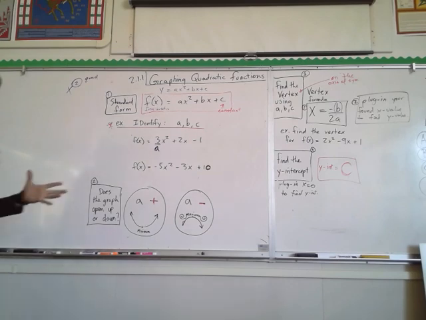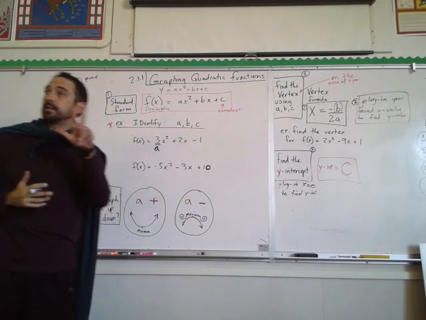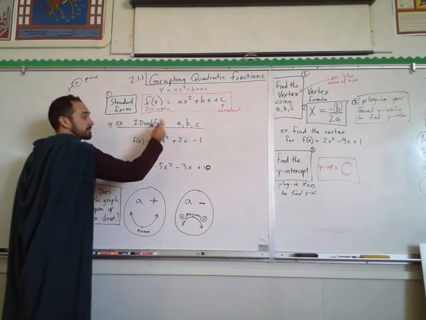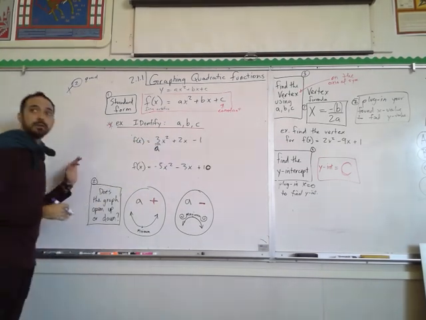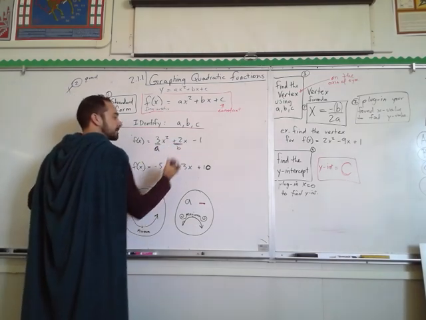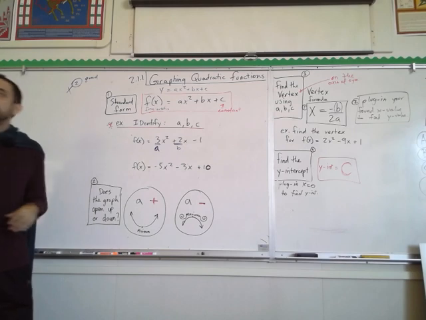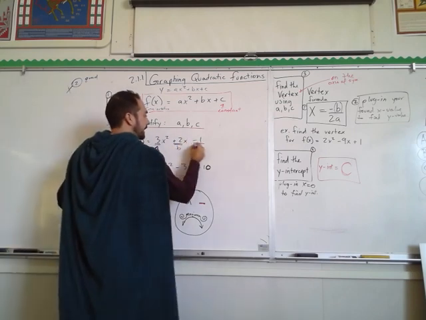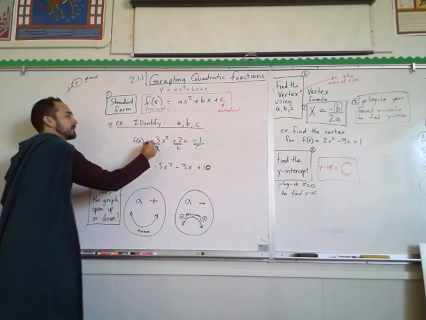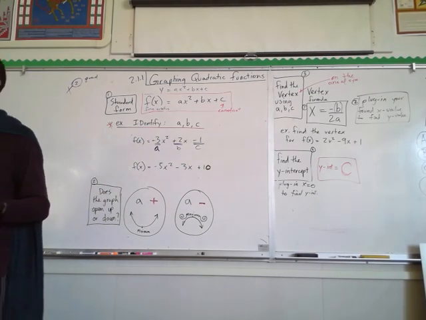Pretty easy, right? We always find A, B, and C in the exact same place every time. So what's my B value for this function? 2x. 2, great, and it's positive 2. What's my C value? Negative 1. Remember that the value also always includes if it's positive or negative, because that would make a huge difference.